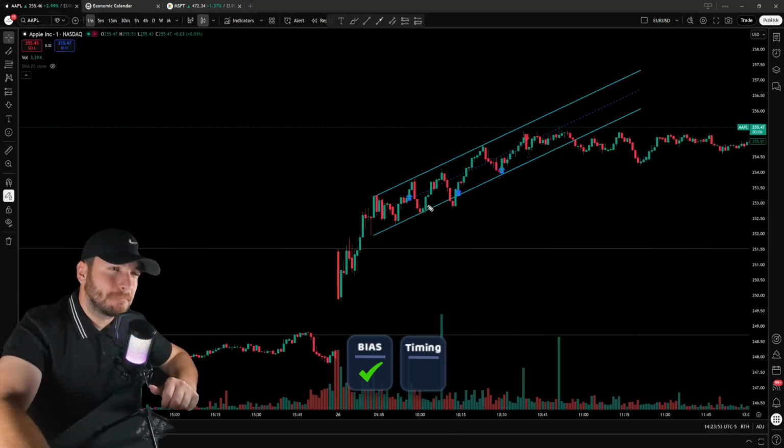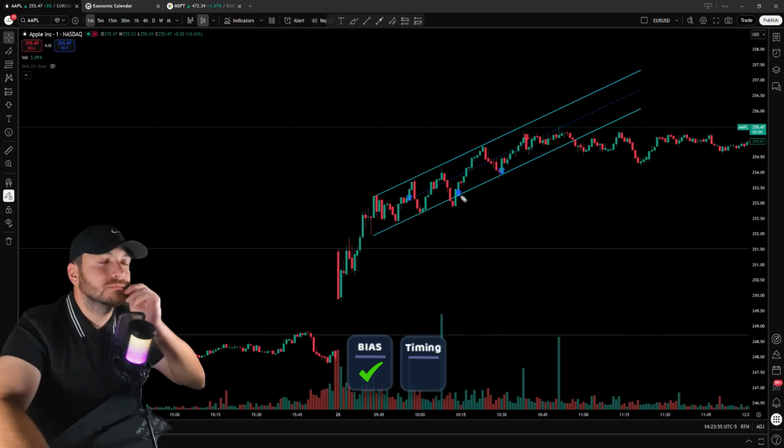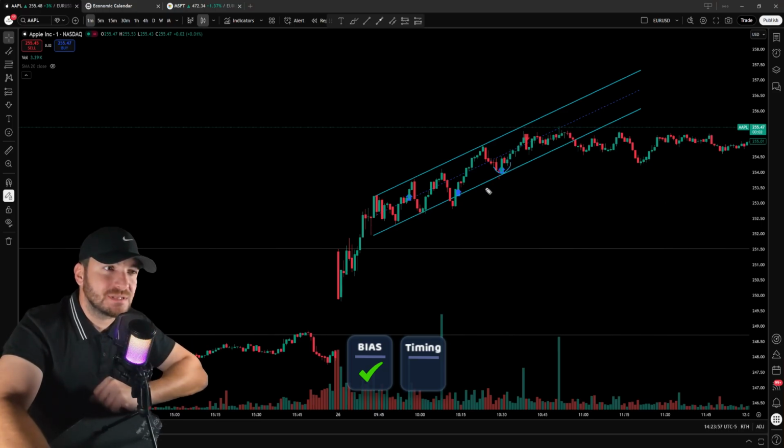Timing. If we are talking about this specific trade, then it was pretty good. I will probably give 100%. But my first entry point, even if it was right here, I should have seen the supply coming in.